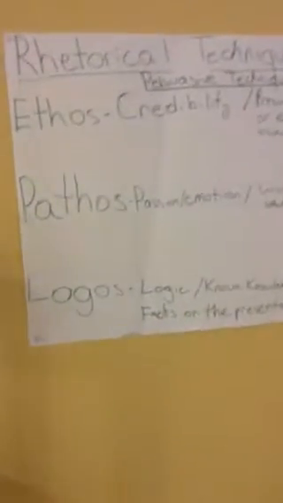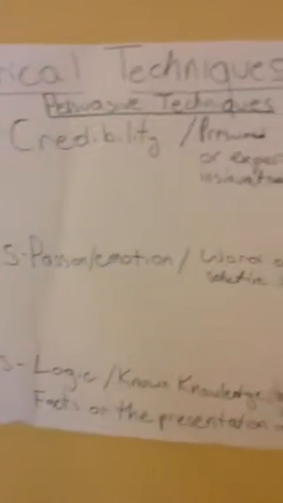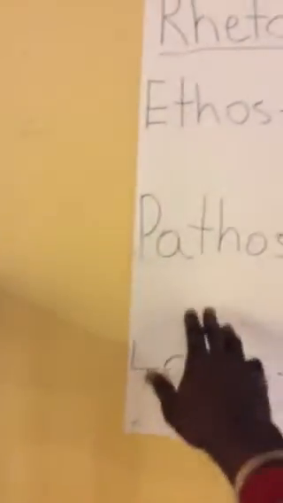Moving on, we have pathos, which is passion and emotion. The way you're going to recognize or identify it in writing is through word choice. Colorful language, selective language. For this one in particular, think back to the commercials that you see on different channels.